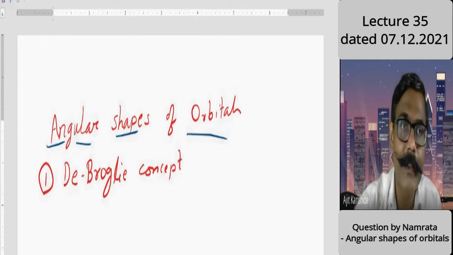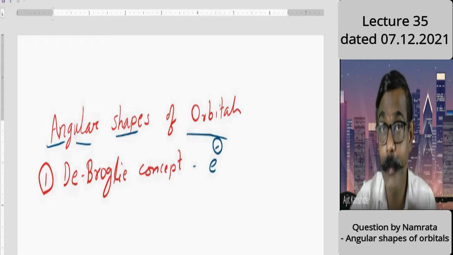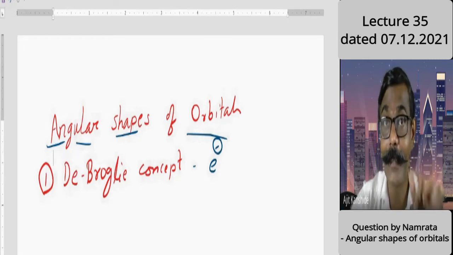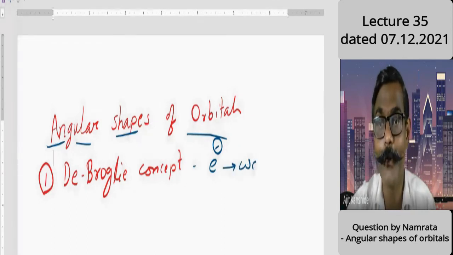What is the de Broglie concept? De Broglie said that the electron, which previously people were considering a particle, is a wave. So, yes, I was saying, to understand the angular shapes, you should first understand one principle. Will anybody help me? What was the principle?